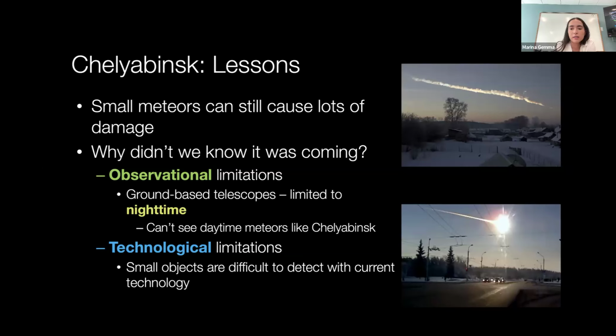And it just comes down to more and more observations, not only from the nighttime side, but from telescopes as well. The small objects remain difficult to detect with current technology. So anything less than, I think I said 100 meters. So Chelyabinsk was, again, I think around 50 feet, but up to a couple hundred feet, we still can't detect.